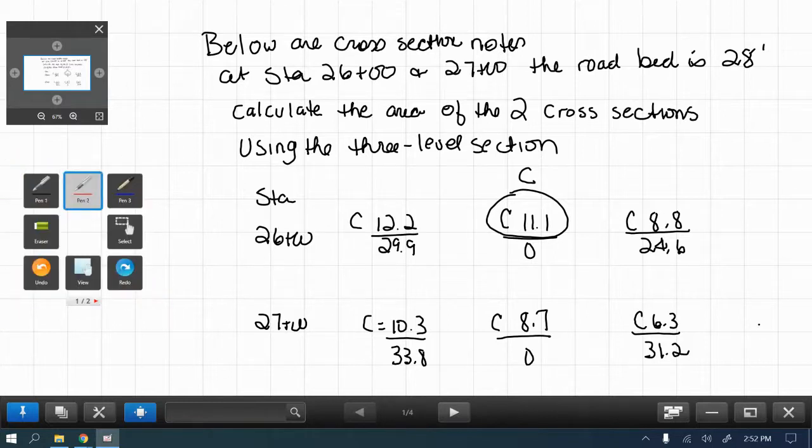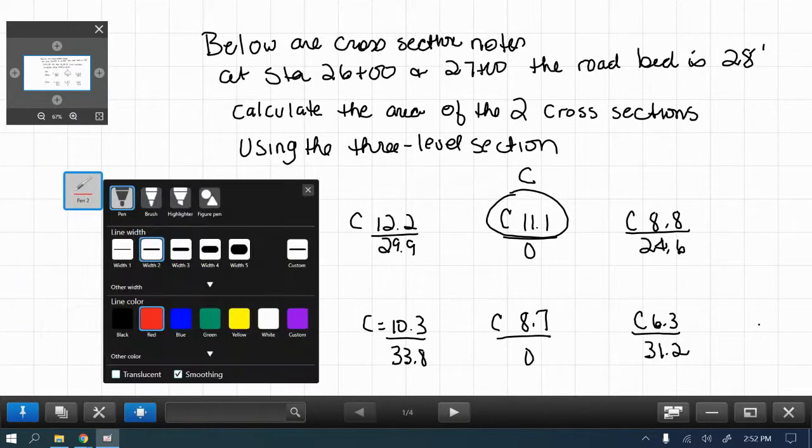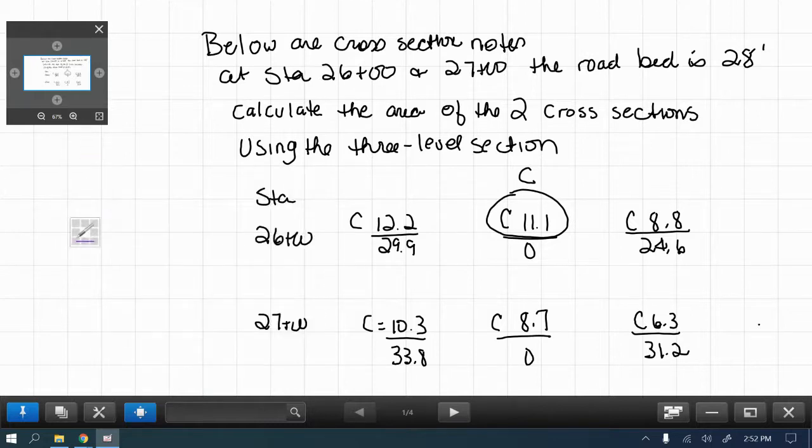It doesn't mean it's a cut; it means center is what it stands for. This would be your distance left. This is distance right. This number is our height left, and this will be our height right. Our road bed for this particular one is 28 feet. So that's my B.